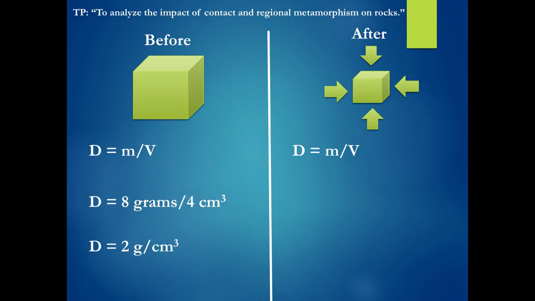Now the volume was cut in half, and half of 4 now is 2 centimeters cubed. Alright, the mass stays the same because we didn't add anything to it. All we did was just put pressure on this material. So now 8 grams over 2 centimeters cubed will give you a density of 4 grams per centimeter cubed.